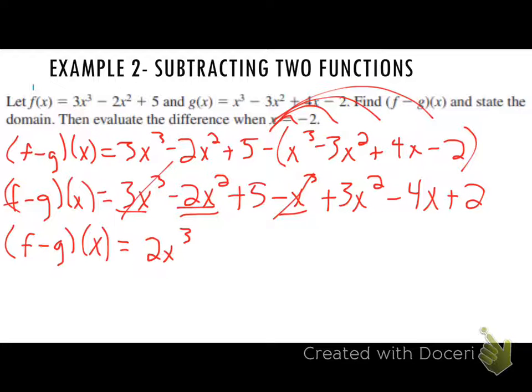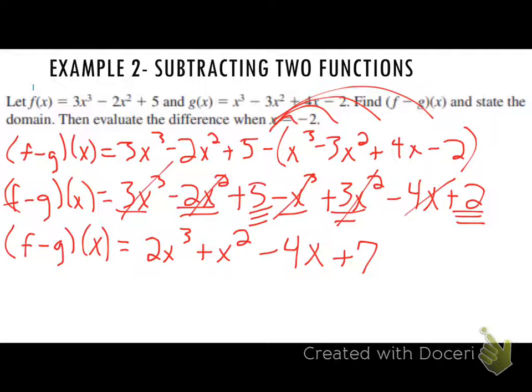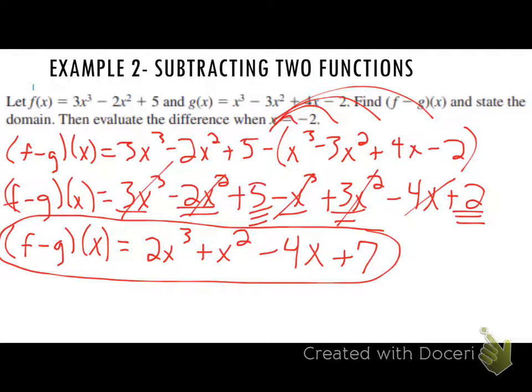Negative 2x squared plus 3x squared gives me x squared. I just have this minus 4x by itself. 5 plus 2 gives me plus 7. Everyone good with that? Can I do any more combining here? I cannot. So here is f minus g of x. Questions on that? Make sure you put parentheses around that second function so you can distribute that negative.